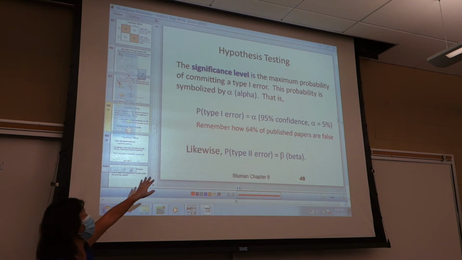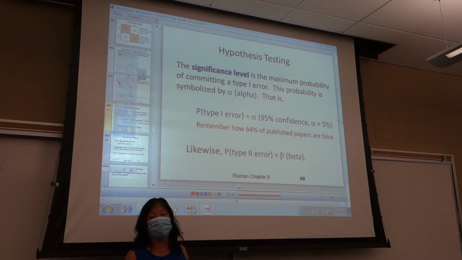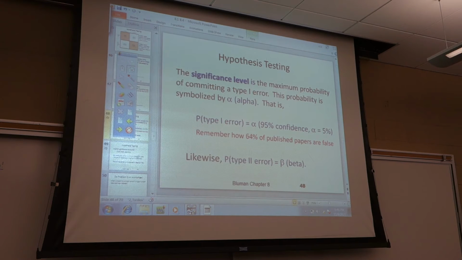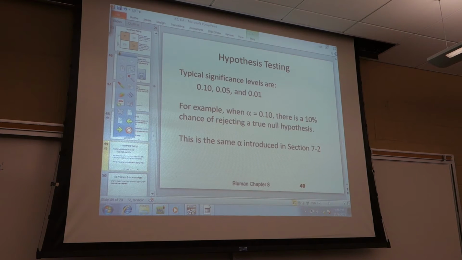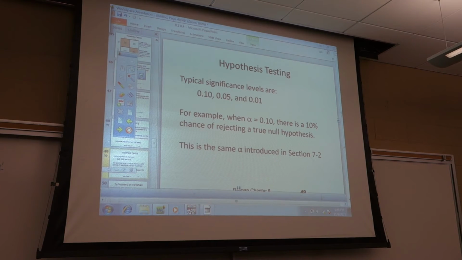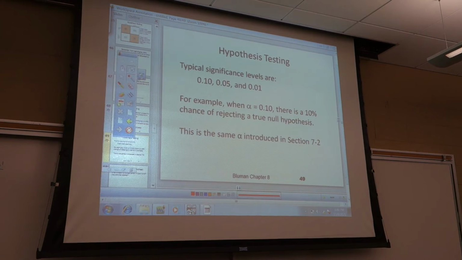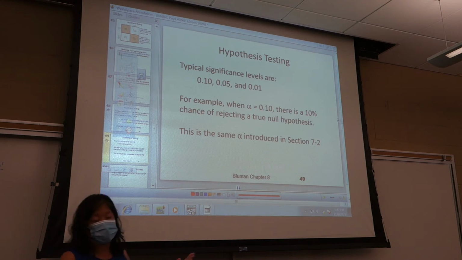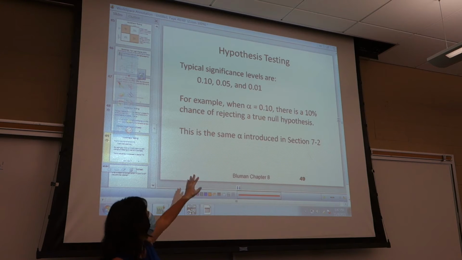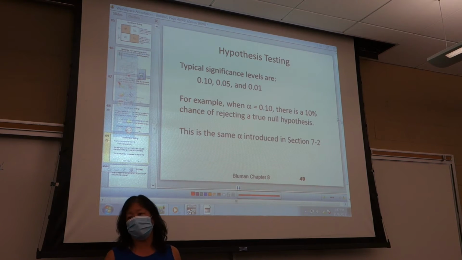It's going to happen alpha percent of the time, whatever your alpha is. So typically, our alphas are 5%, but sometimes they might be 10%. If we want to be extra sure, we might make alpha 1%. So when alpha is 10%, that means 10% of the time you're going to be rejecting a true null hypothesis, because that's the level of unusualness we're setting.